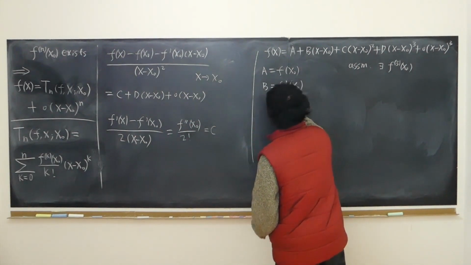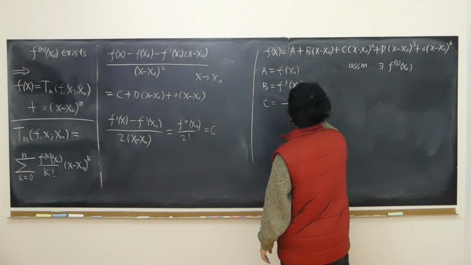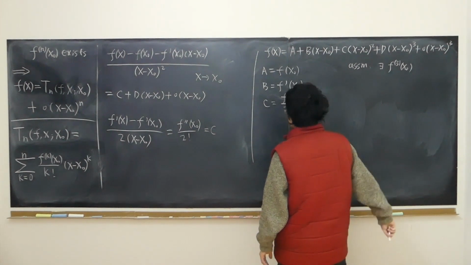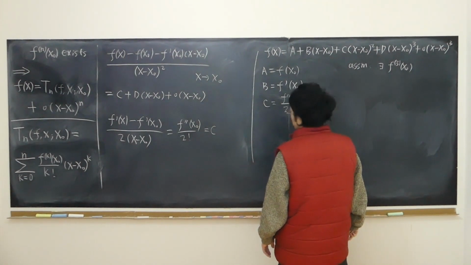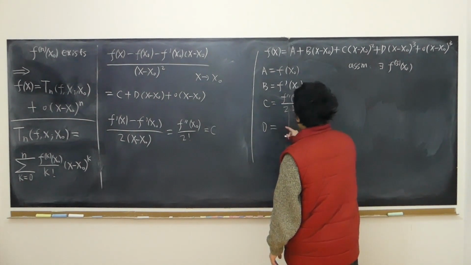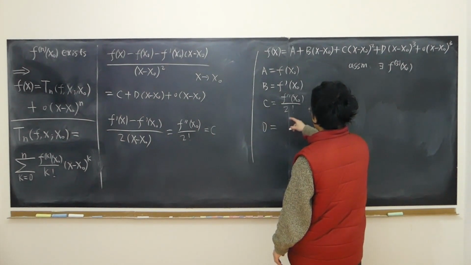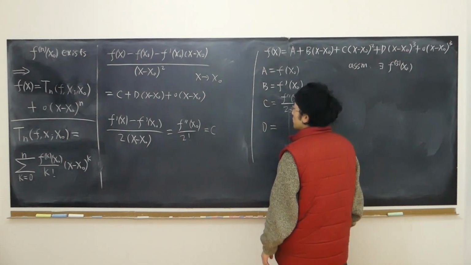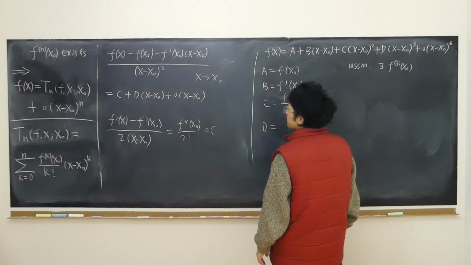So we found c: f double dash of x naught over 2 factorial. And we hope d would be equal to the third order derivative of f at x naught over 3 factorial. That's what we hope, but let's find out.